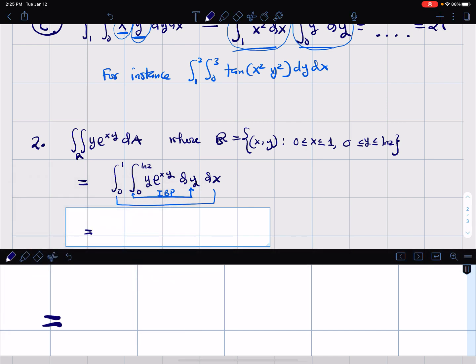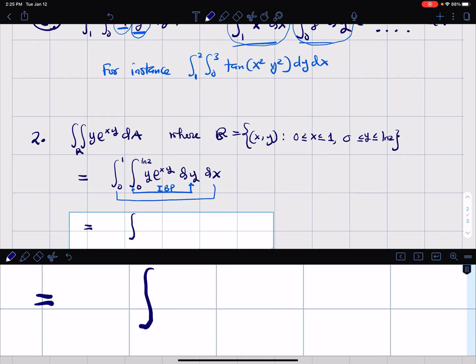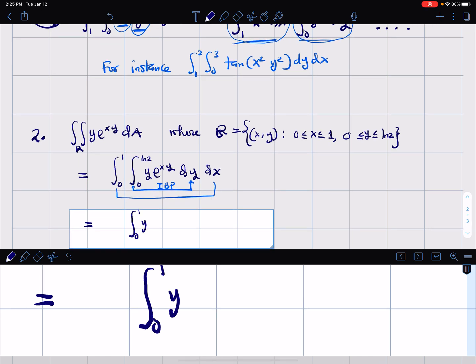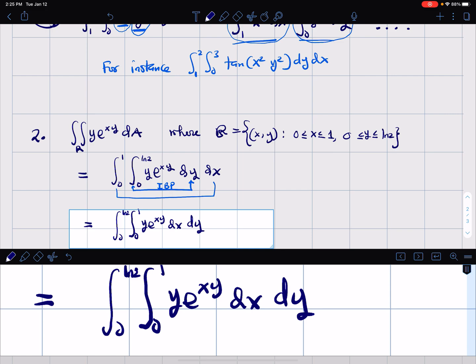Let's see if we switch up the integrals. If we make 0 to 1 y e to the xy dx first, and then go 0 to natural log of 2 of dy now.